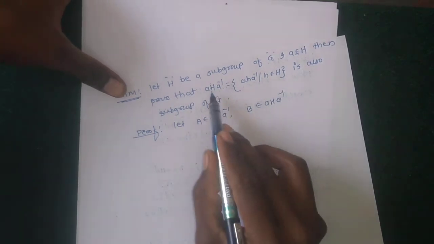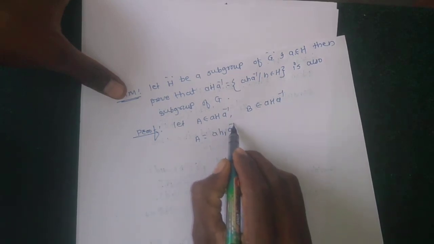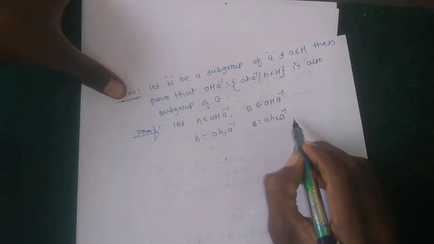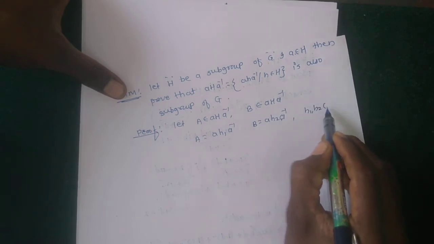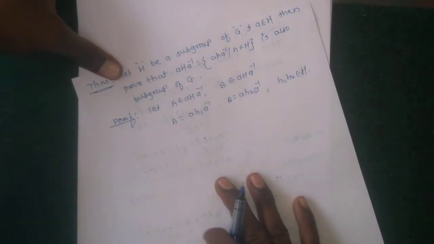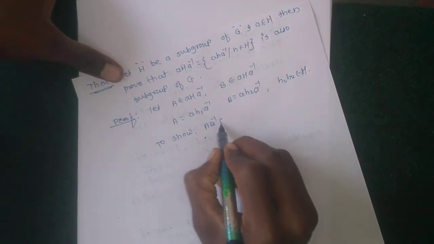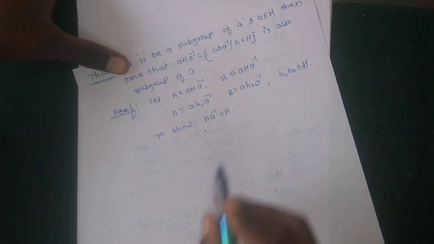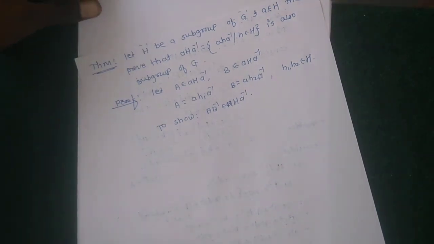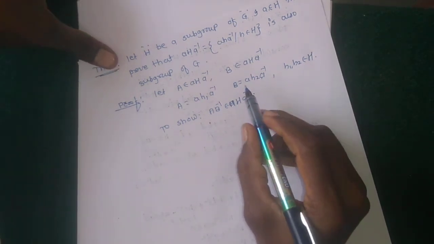If a and b belong to aHa⁻¹, then a is of the form ah₁a⁻¹ and b equals ah₂a⁻¹, where h₁ and h₂ belong to the subgroup H. Then to show that ab⁻¹ belongs to aHa⁻¹, which means aHa⁻¹ is a subgroup of G.